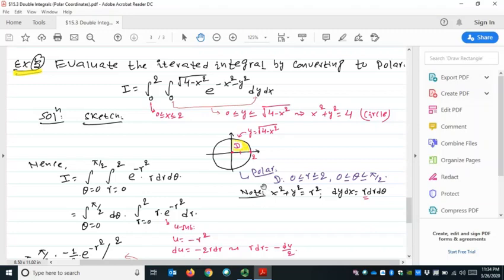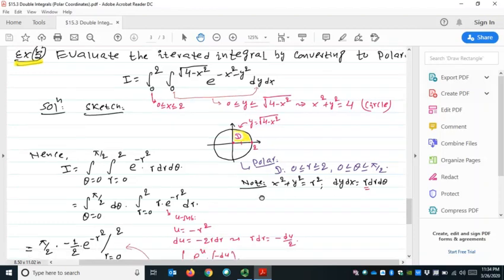We know in polar coordinates x square plus y square becomes r square, and the area element, which is dy dx, becomes r times dr times d theta. Please don't forget this r, which looks extra there, but that's the area element.